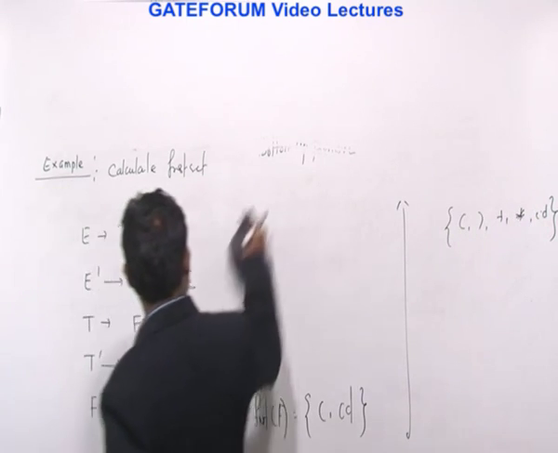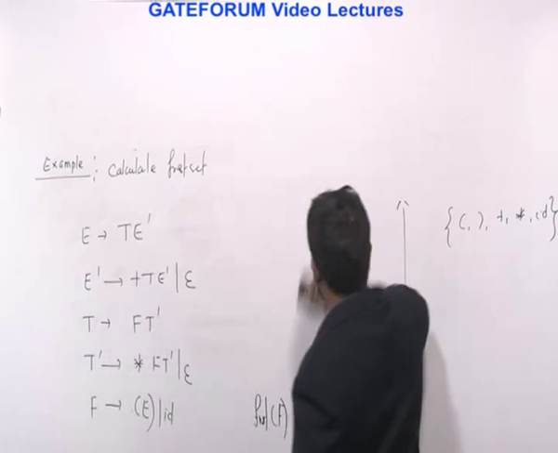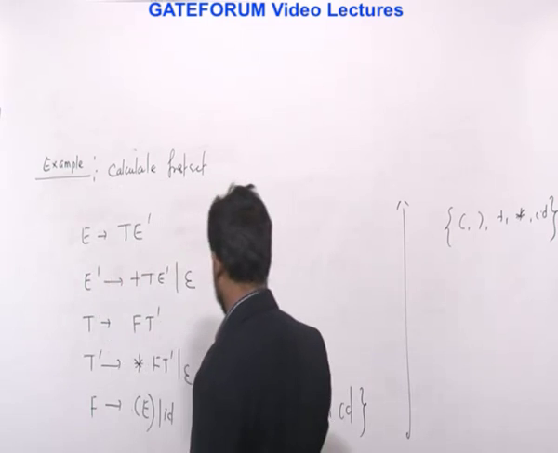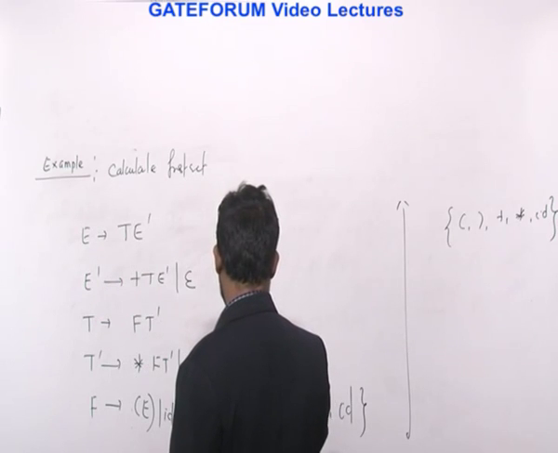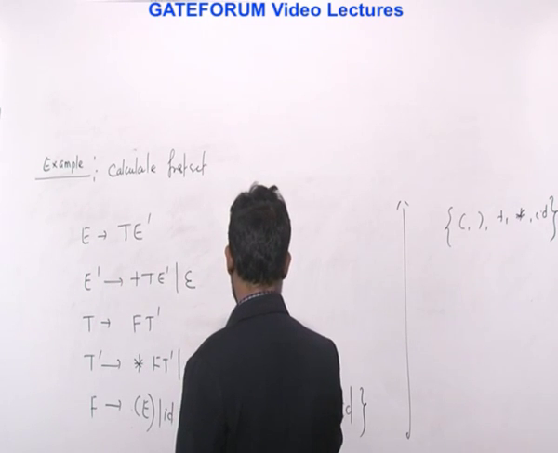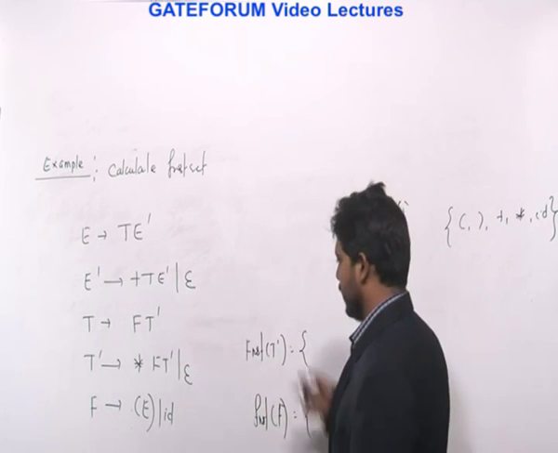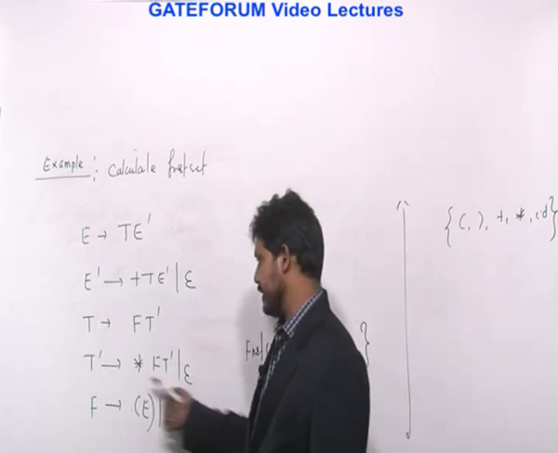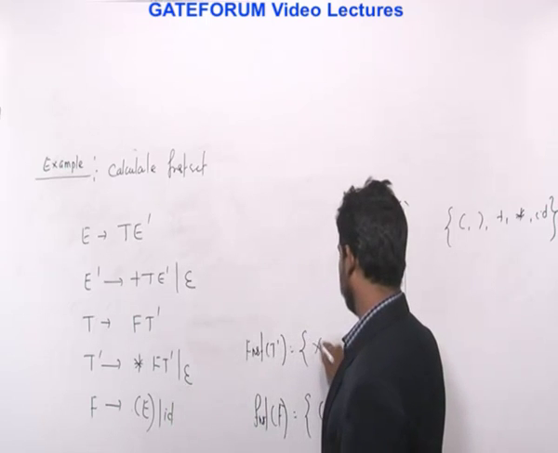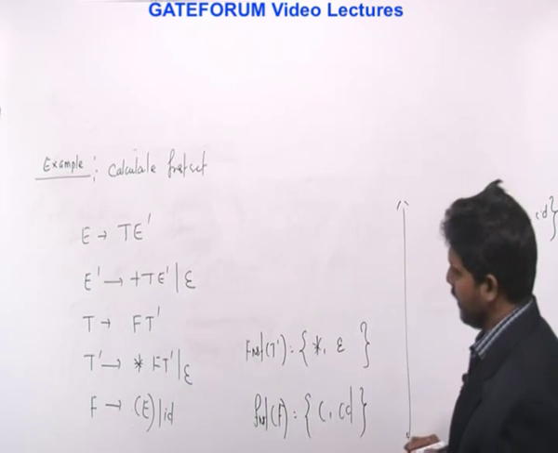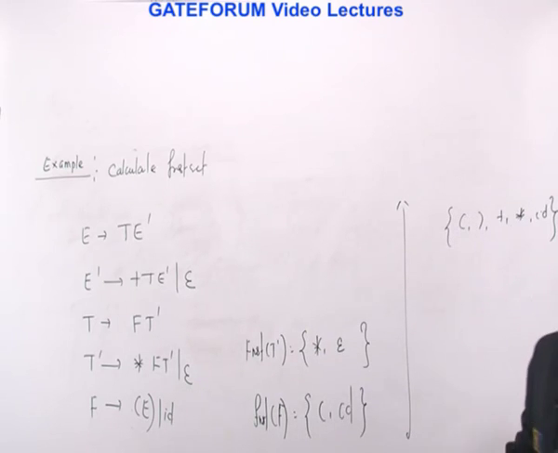Now next is first of T dash. First of T dash is equal to star and epsilon. It starts with star, and this is epsilon. Now first of T: the first symbol in this case is a non-terminal.